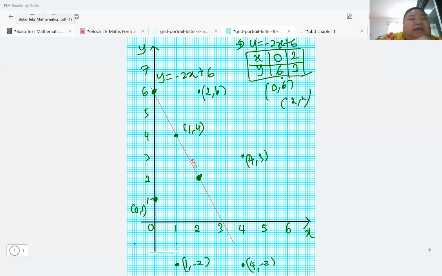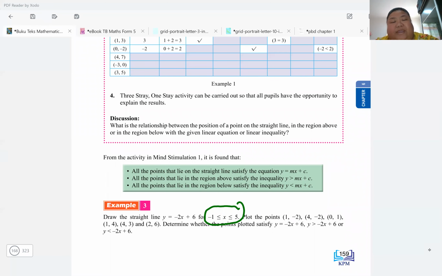So we go back to the example. Plot the points. These are a few points that you need to plot. Determine whether the points plotted satisfy the three cases: y equal to negative 2x plus 6, y greater than negative 2x plus 6, or y less than negative 2x plus 6.